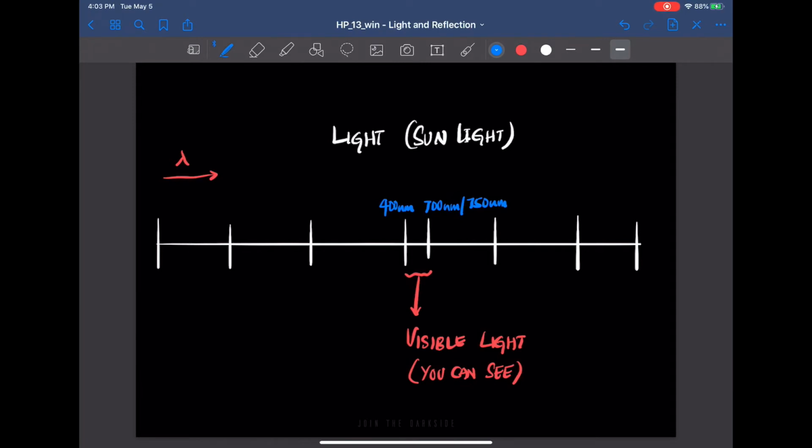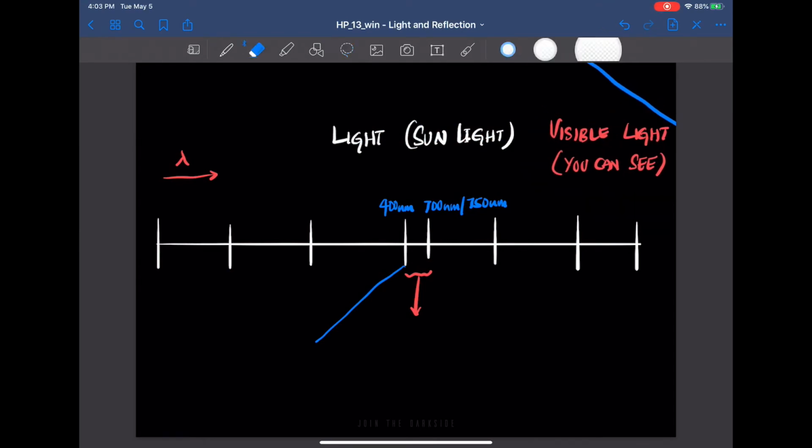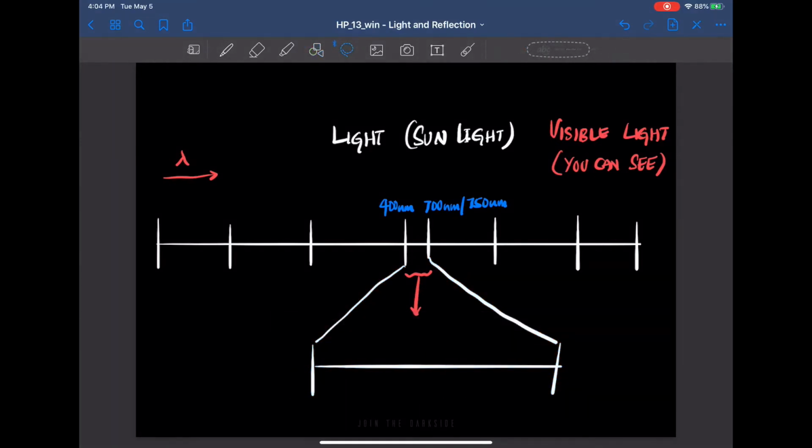If we expand this a little larger, you end up with a spectrum that has 1, 2, 3, 4, 5, 6, 7.